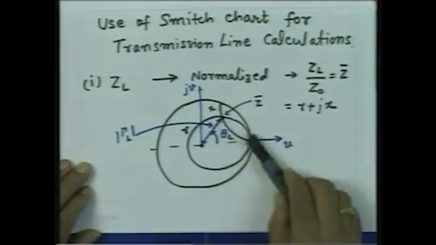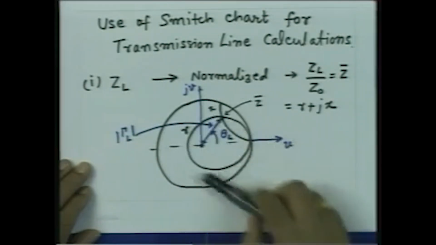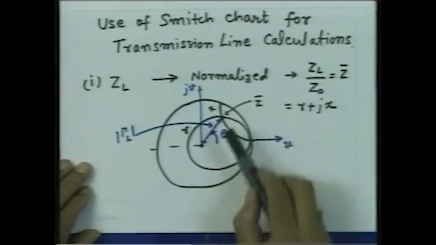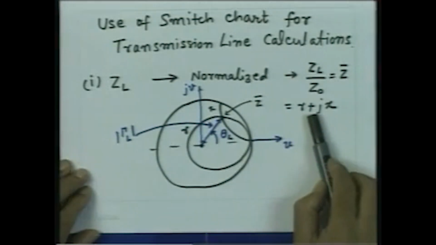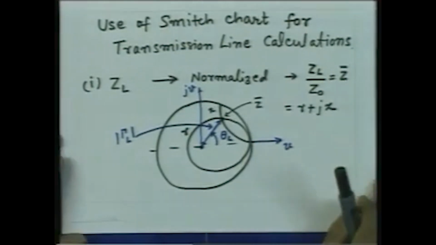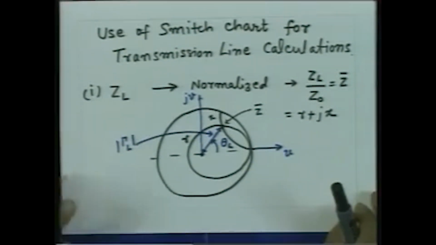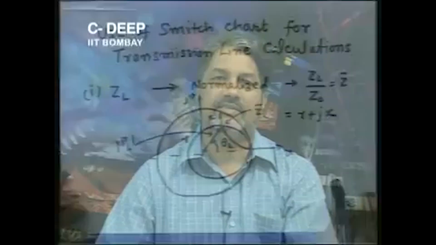So, essentially you read off the coordinates on this constant resistance and constant reactance circle and that gives you the corresponding value of the impedance. So, without doing any analytical calculation, just by graphical measurements of angle and distance, you can find out the reflection coefficient from the impedance or admittance and vice versa.